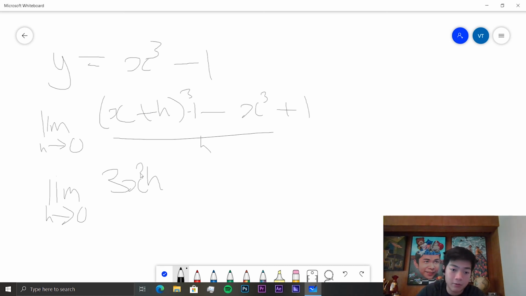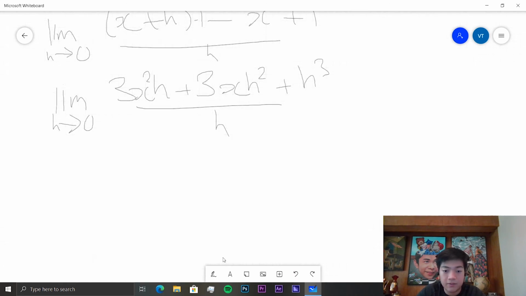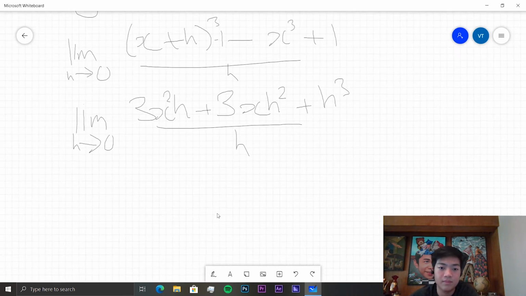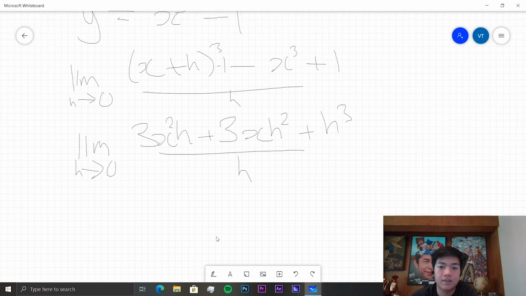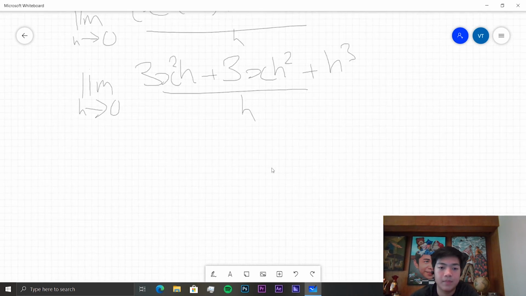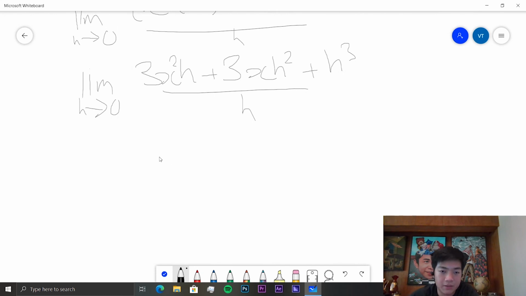So 3x squared h plus 3xh squared plus h cubed all over h. And so if we differentiate this, we should simply end up with 3x squared. So this is the equation, and we need to find when this is equal to 0. And this is also pretty simple. It's also when x equals 0.